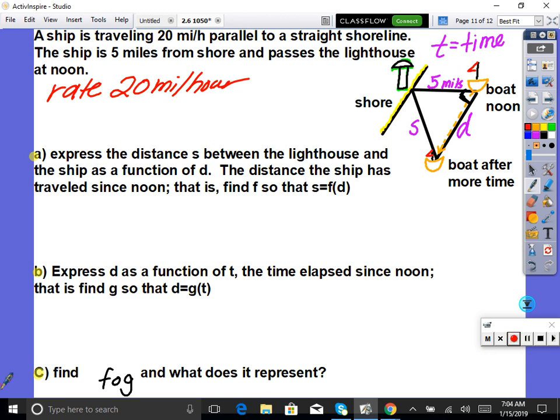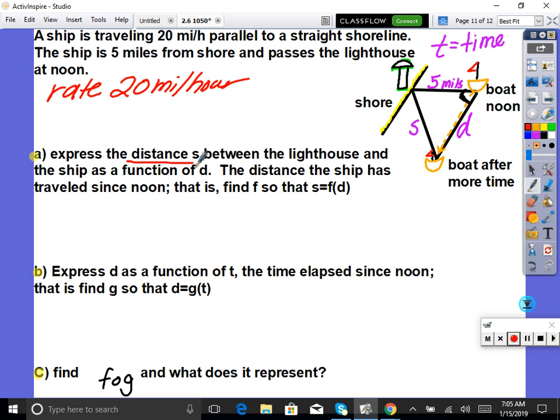Now in part A it says, express the distance S between the lighthouse and the ship after time as a function of D, the distance the ship has traveled since noon. That is, find F so that S equals F of D. So basically let's just set up a true statement. So we have a right triangle here. So we know Pythagorean theorem would be setting up an S, D, and 5 problem, like setting up a distance problem.